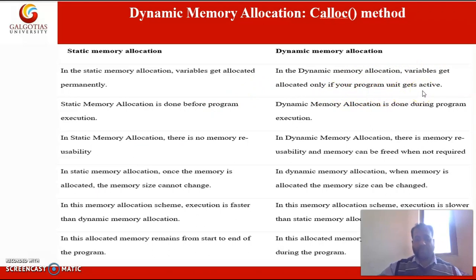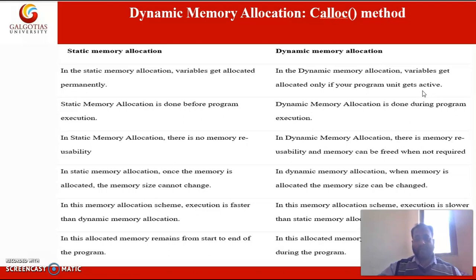Whenever you declare a variable, it allocates memory permanently. Suppose I am declaring an int variable, then 4 bytes are allocated to it and reserved at compile time.